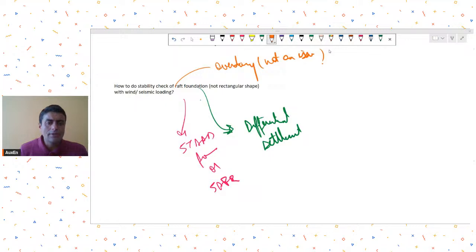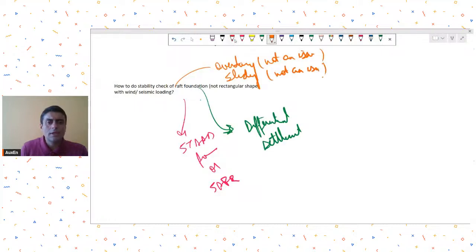Unless the raft is for a retaining wall or some sort of retaining system, overturning or sliding will not be such a big issue. So overturning and sliding are not an issue as such.